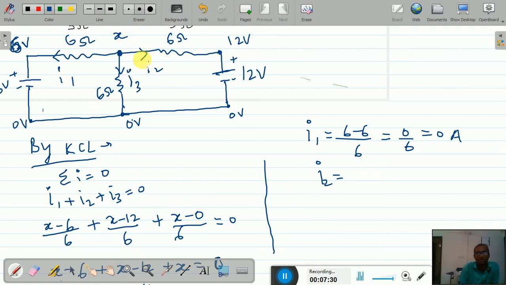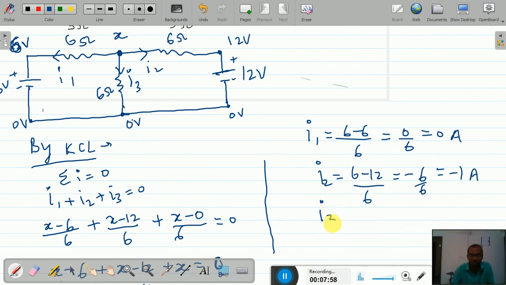Negative current means the current will not flow in this direction but in the other direction, right? So if we have considered this point as higher, then you will write 6 minus 12 divided by 6. So you will get minus 6 by 6, which is minus 1 ampere. The minus sign shows the current will not be in this direction but in the opposite direction.